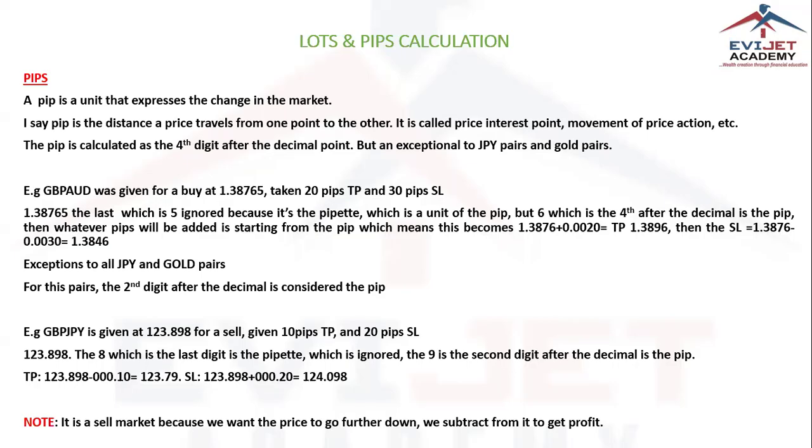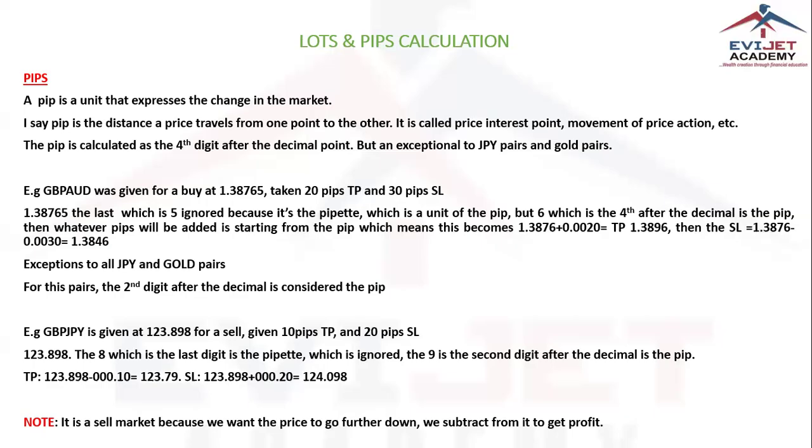Now, JPY has 2 decimal places. It's actually 3, but the third one is a pipette. So you disregard the third one the same way you disregard the fifth one in the case of the other currencies.